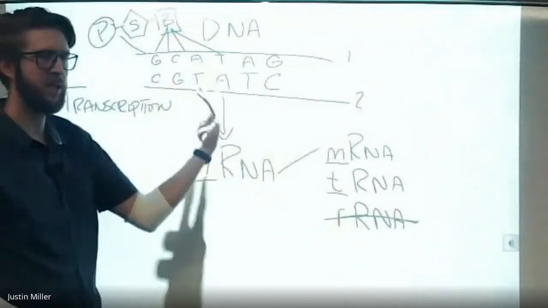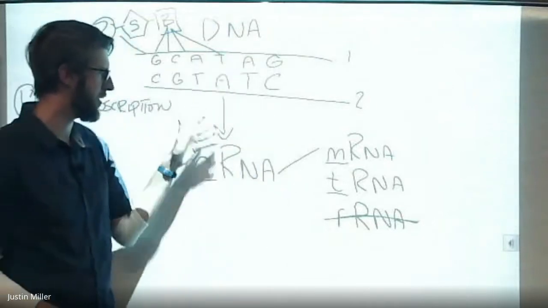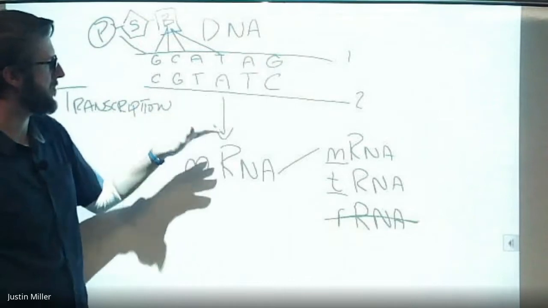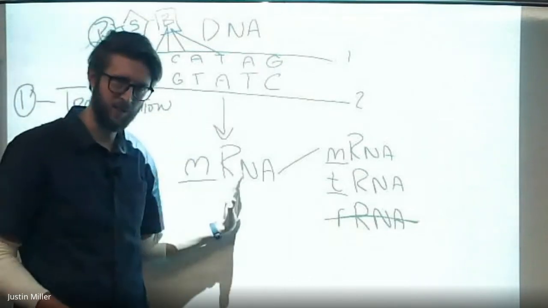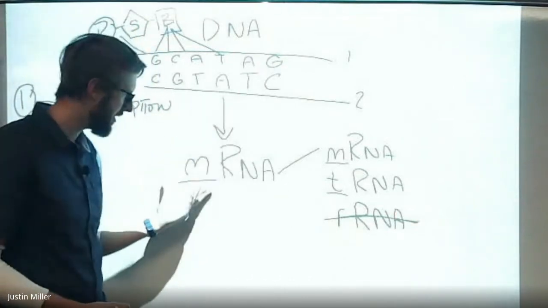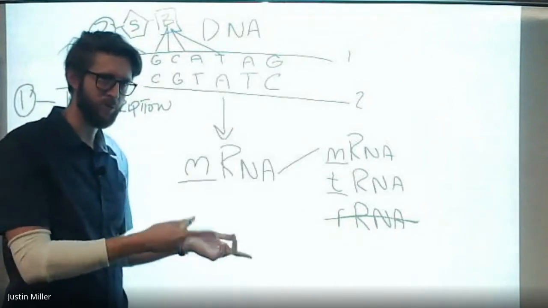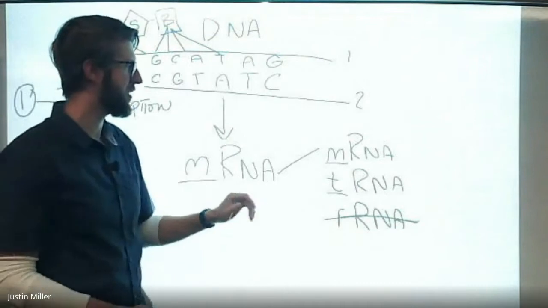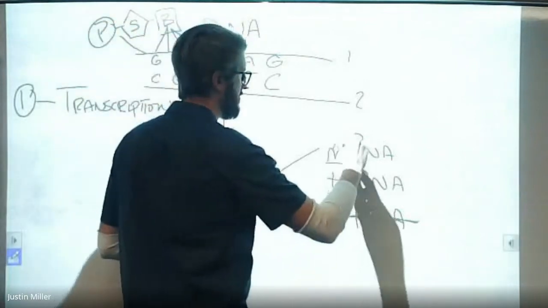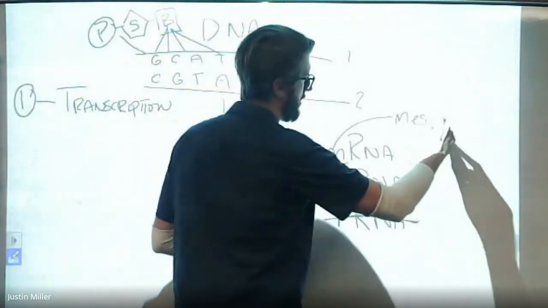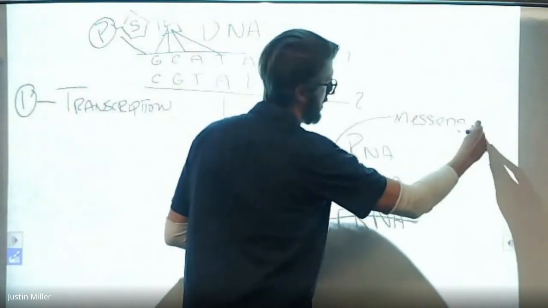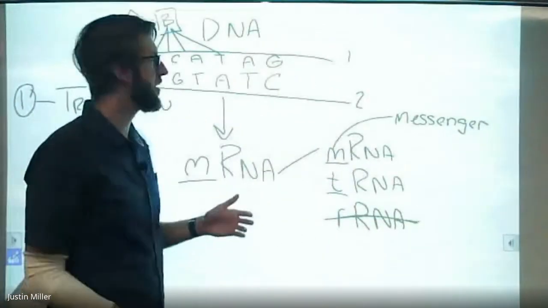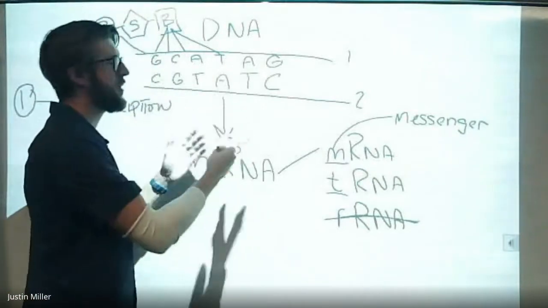So when I said last time that DNA gets rewritten into RNA, the specific kind of RNA it gets rewritten into is mRNA. And the m stands for messenger. Okay, so this is messenger RNA because it's going to carry the message from DNA to the place it needs to go.